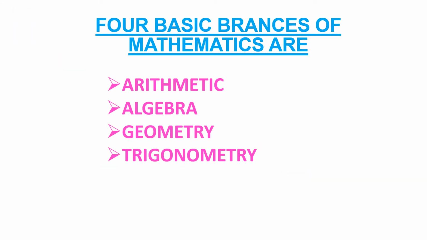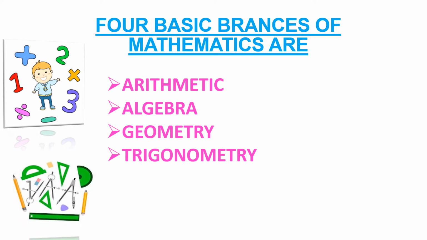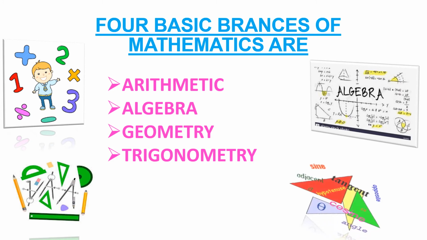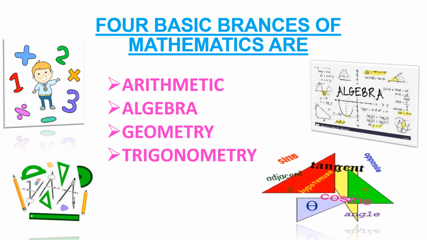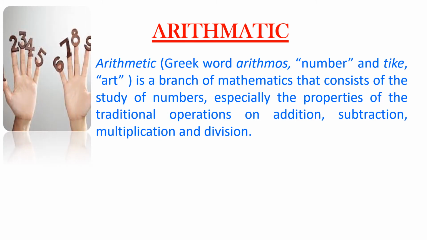Students, there are four basic branches in mathematics: arithmetic, algebra, geometry and trigonometry. These are the basic ones. Now in this period of time we will be dealing with one of the branches, which is arithmetic. Let's see what arithmetic means. The word arithmetic is derived from a Greek word arithmos, which means number, and taik means art.